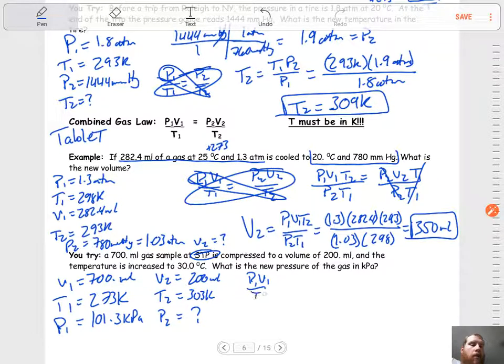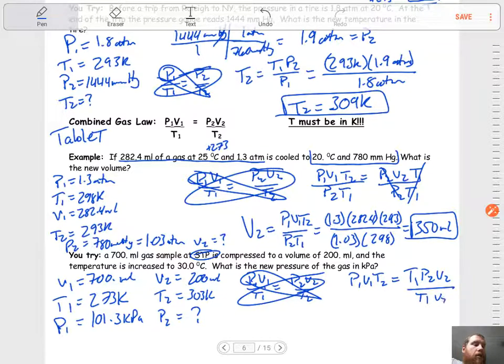P1 V1 all over T1 equals P2 V2 all over T2. You'll kind of figure out this whole cross multiplication piece very quickly. Just make sure you have things set up correctly. All right, we're solving for P2, so T1 V2 we'll get rid of on that side and bring them over here.